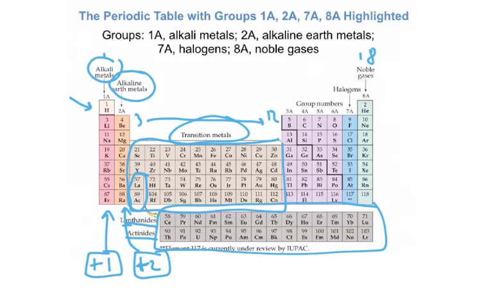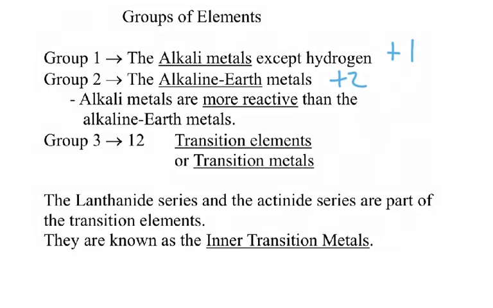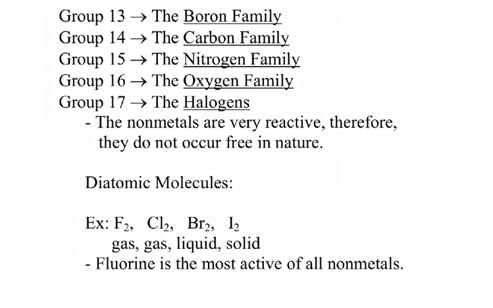And then we go to the next few groups here. This would be group 13 over here, followed by 14, 15, and 16. It's funny because these 4 groups are named by the leader of the family. So if we go here to the names of these groups, group 13 is led by boron, so it's known as the boron family.